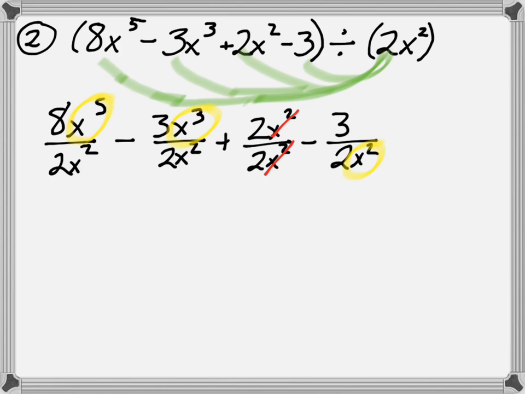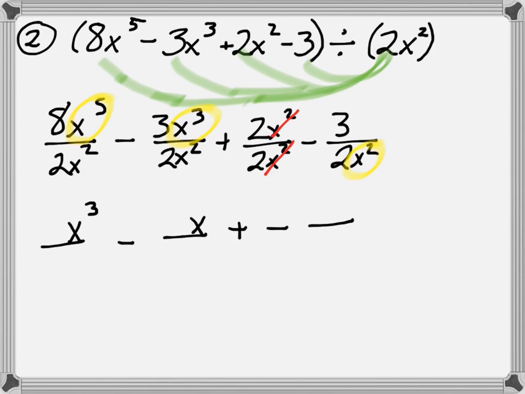Now I'm going to go through and do my fractions one at a time to simplify my x's first. X cubed on the first one, because we have 5 x's in the top and 2 x's in the denominator. When we cancel out, we're left with 3 in the top. On the next one, we have 3 in the top, 2 in the bottom.